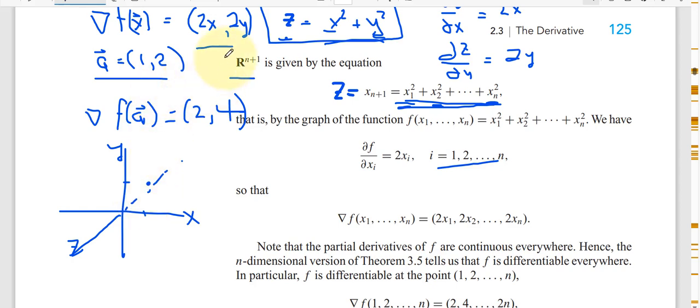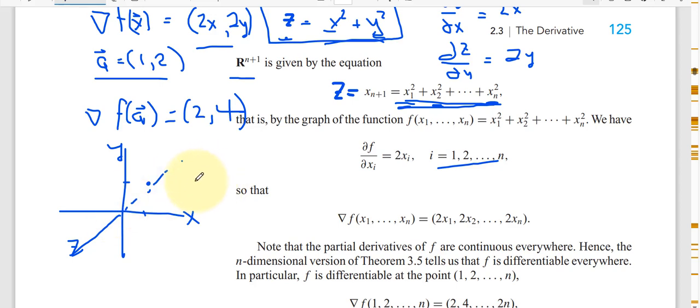What is the height? The function is x squared plus y squared, so 1 squared plus 2 squared is 1 plus 4, which is 5. So above this point, the height is 5.